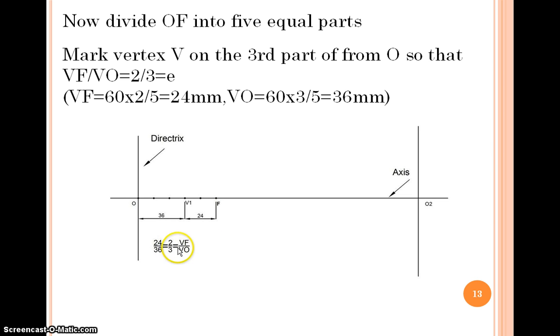By taking this into consideration, you take the point V1, that is 2 parts away from the focus. You will get V1, that is the vertex. From that point the curve is passing.